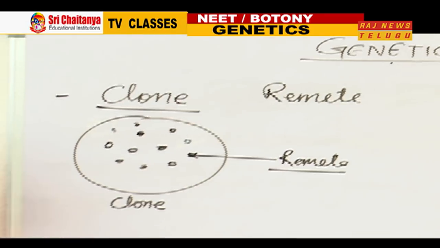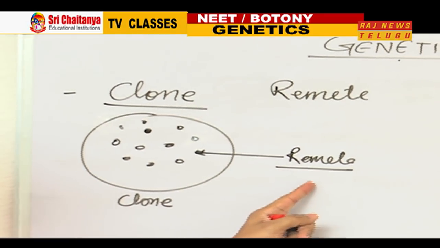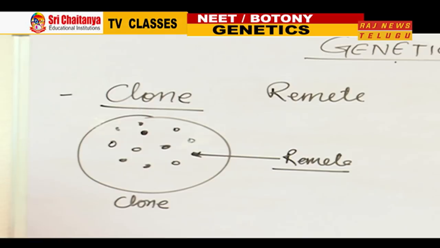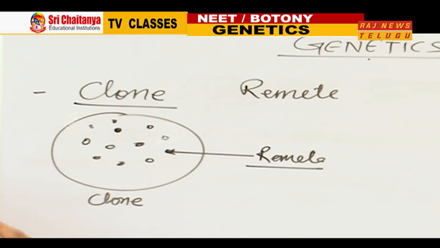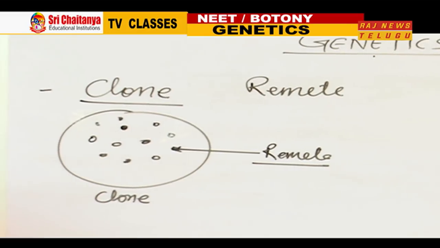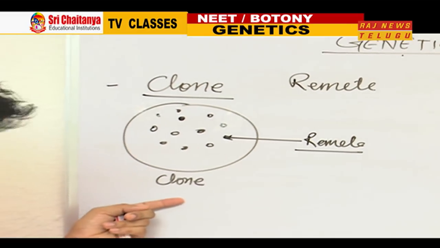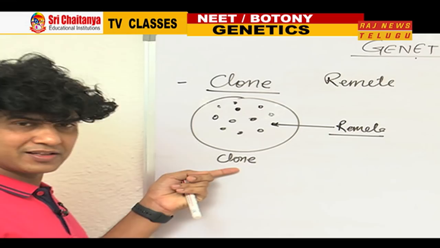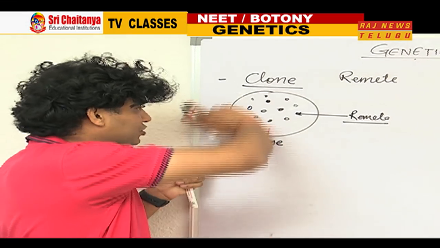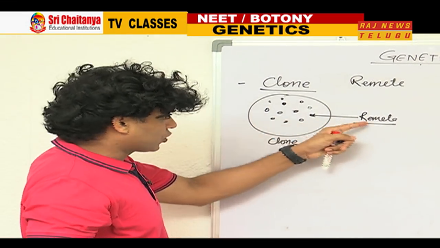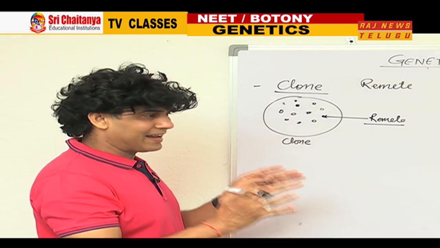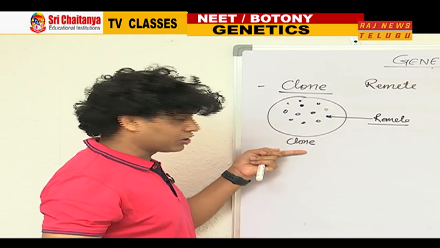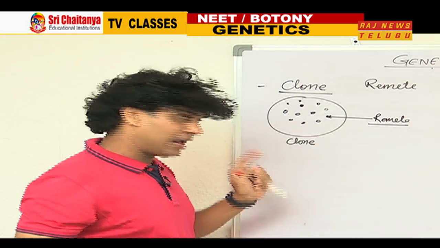Means each individual of the clone is known as a ramete, and the group of organisms arising by asexual reproduction, the collective group of the product, is known as a clone. So don't say clones, the word clone itself is sufficient, because this entire group is a clone. So clone and ramete are associated words. The group of progeny arising by asexual reproduction is collectively called clone, and each individual is called ramete.